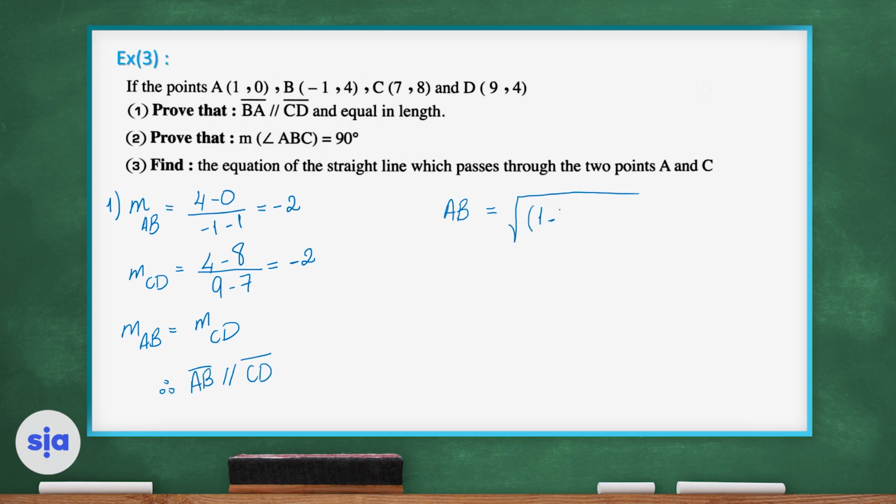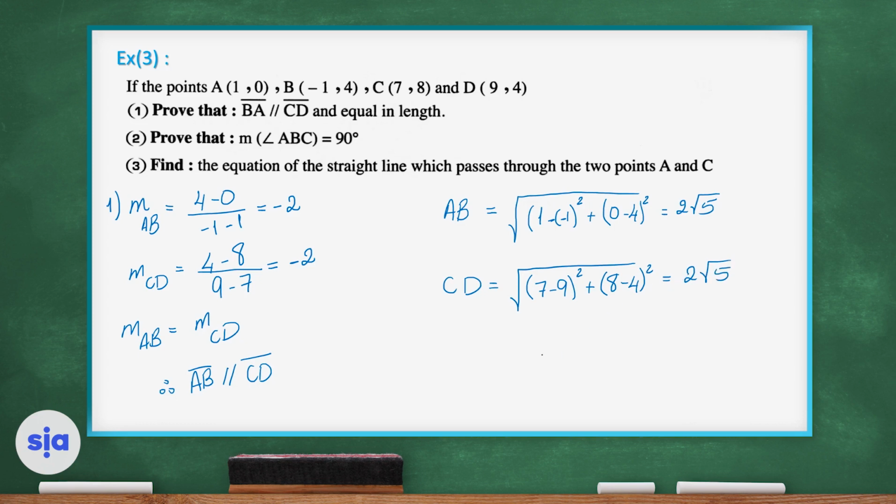Square root of 1 minus negative 1 all squared plus 0 minus 4 all squared, which is equal to 2 square root of 5, and the length of CD, we get it by square root of 7 minus 9 all squared plus 8 minus 4 all squared, which will be equal to 2 square root of 5.